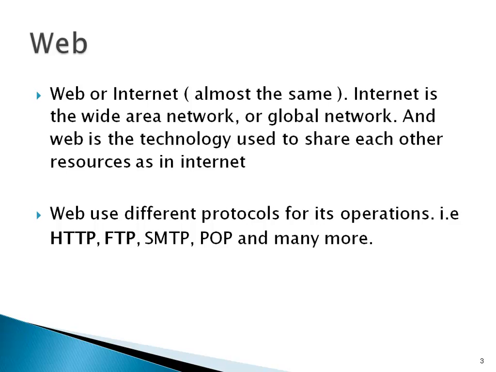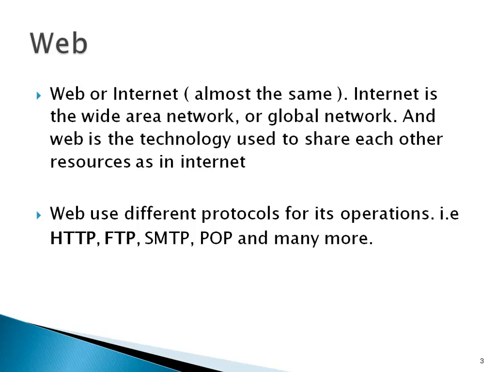Now let me explain why the web is used. The web is also the technology used to share resources. When a user is using the web, he uses different types of protocols for its operations.